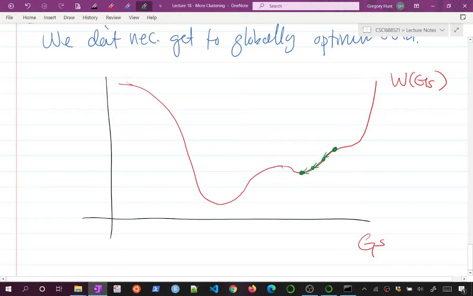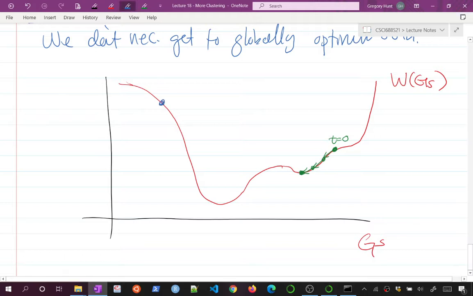So if I initialize here, say t is 0, and I take my steps, I'm eventually going to get stuck in this local minimum, because Lloyd's algorithm will not take a step higher. It doesn't know that there's a better solution over here with a lower within-cluster dissimilarity, and it refuses to take a step that hurts it at all. So it will get stuck here, and you'll get a locally optimum solution.